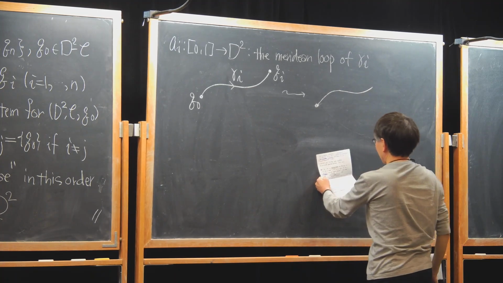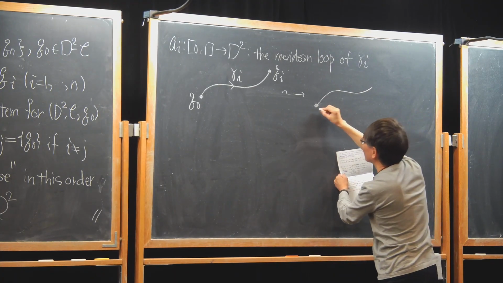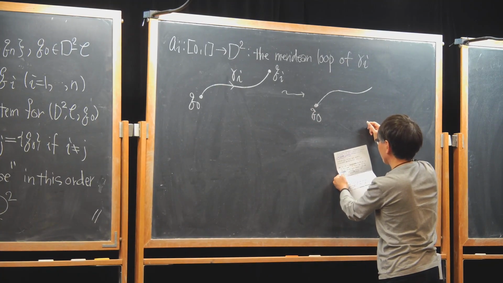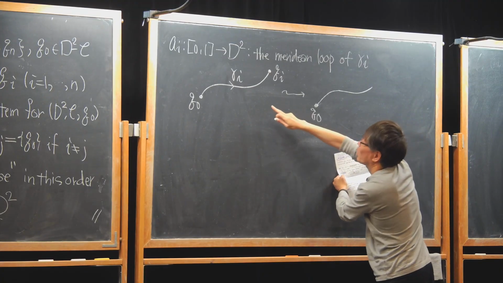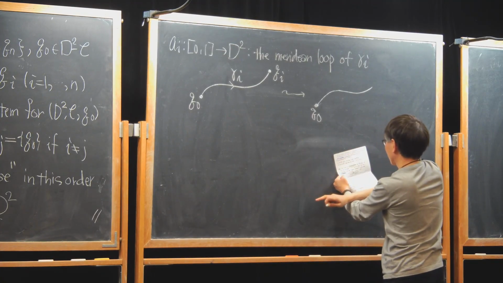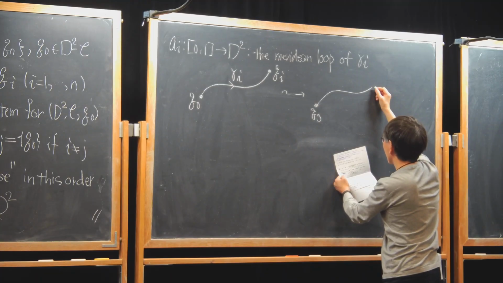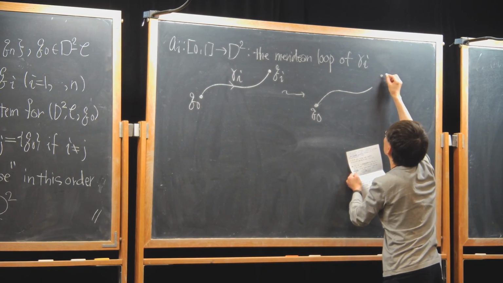So, starting at Q0, you follow the path gamma i until you reach a point near Qi. Here is Qi.